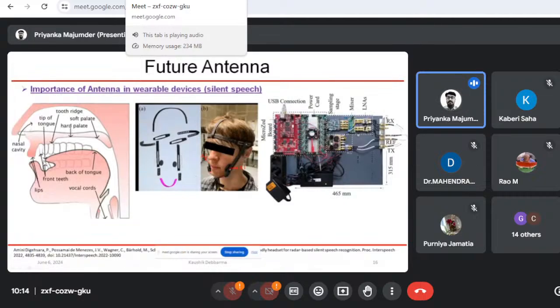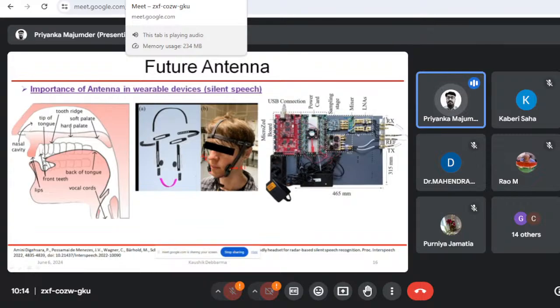If your tongue touches your upper nasal cavity, you produce that sound. Then your tongue has to touch your teeth. If it doesn't touch your teeth, you cannot spell those words or those alphabets. Similarly, it has to touch the back of the tongue.